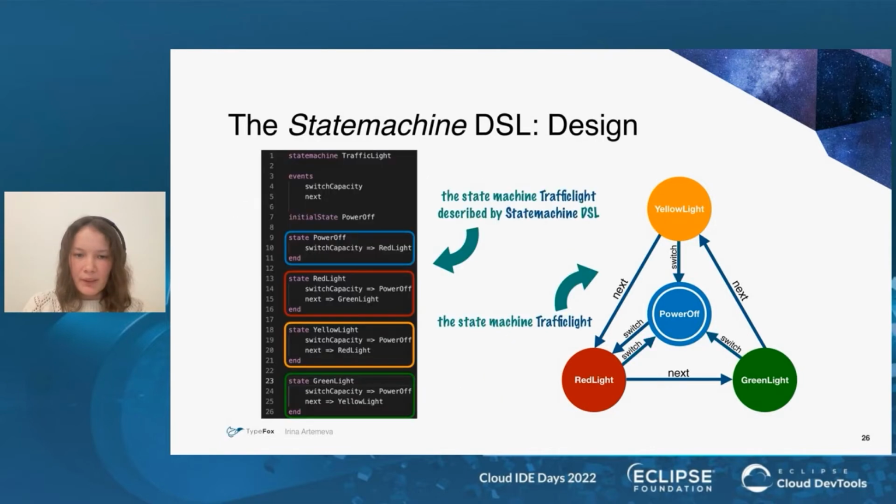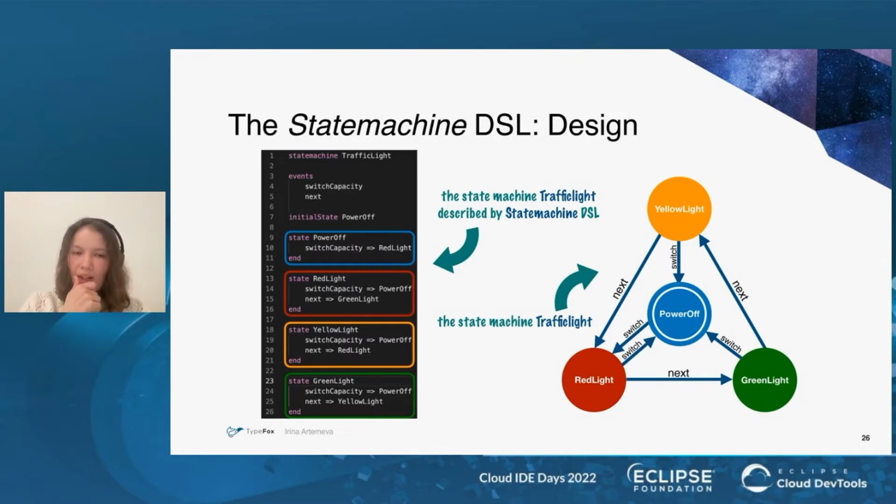What about the design? On the left side, you see the code that describes the state machine traffic light. Colored boxes highlight places where concrete states are described: the blue box describes the power off state, red light is marked as red light, and so on.